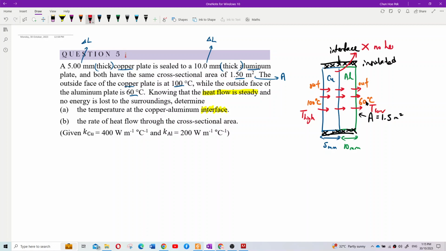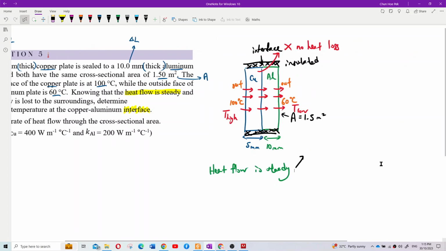So when we see the words heat flow is steady, it means first, the heat flow is constant.